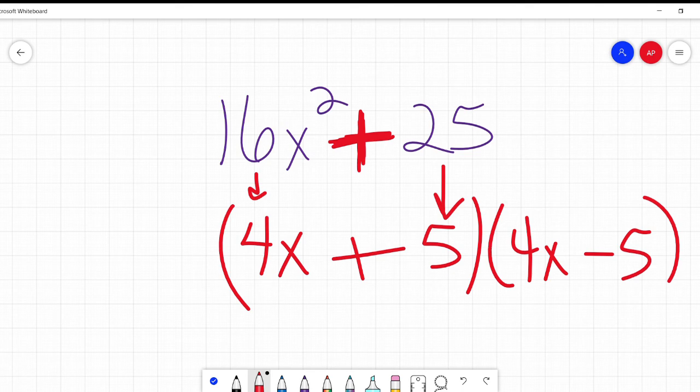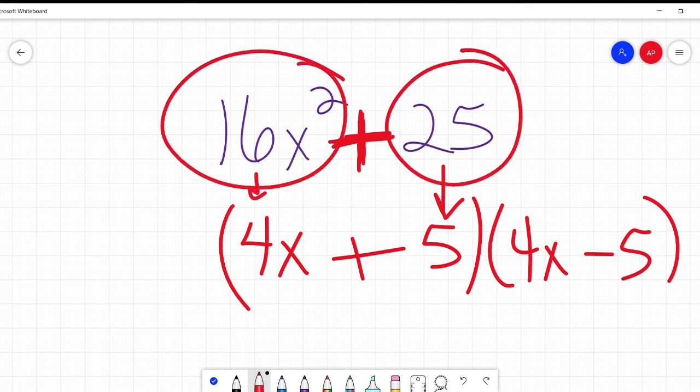The one thing we didn't say is, why is this called difference of squares? Difference is a fancy alternative way of saying subtraction. The difference of two things is when you subtract one from the other. So it has to be subtracted, because that's what difference of squares means. It's talking about these. These are the squares, and it is the difference of them.